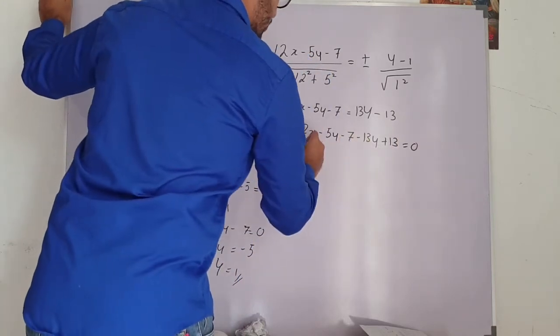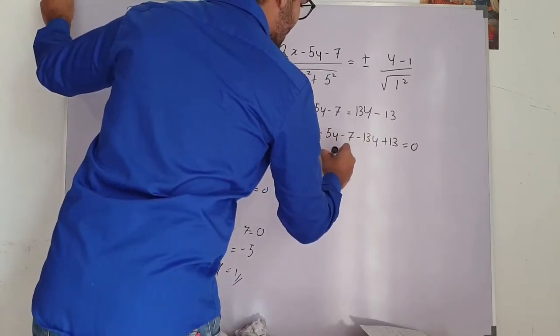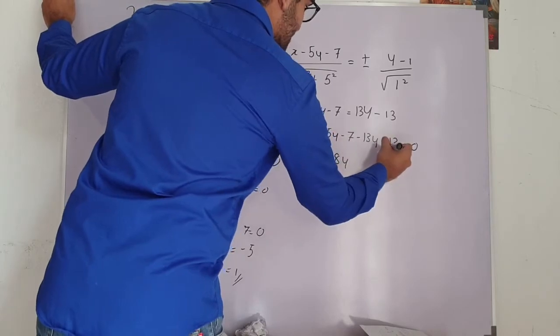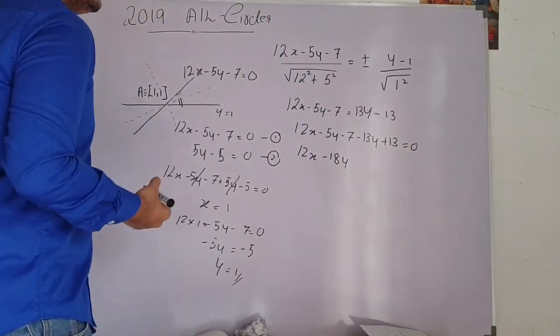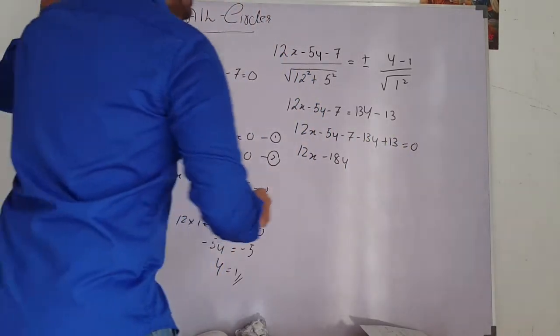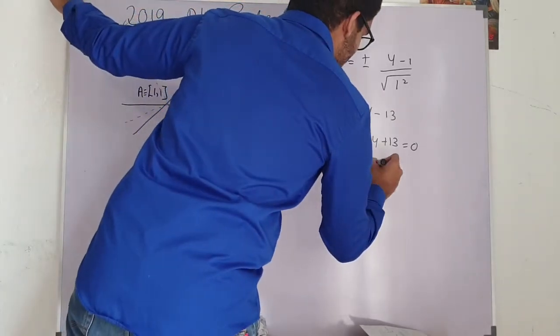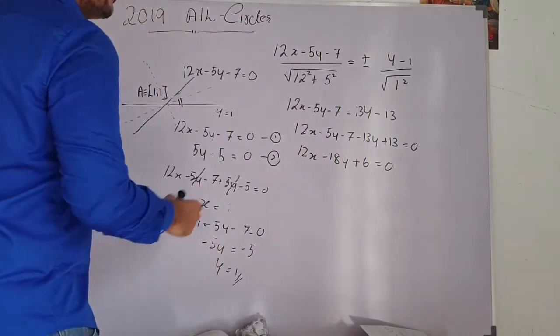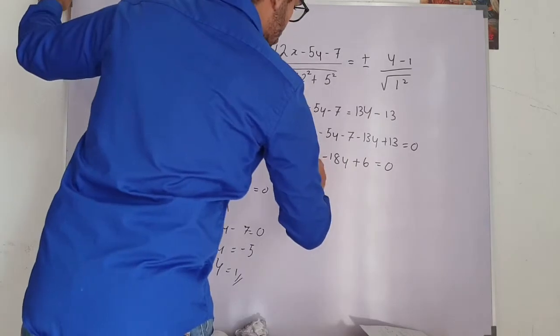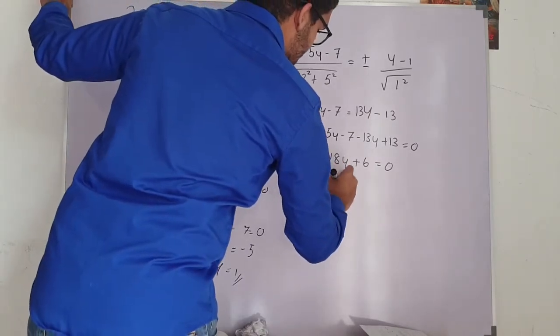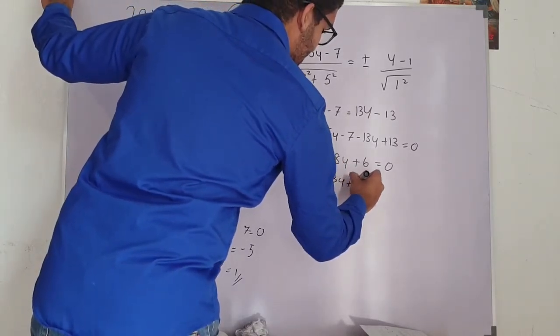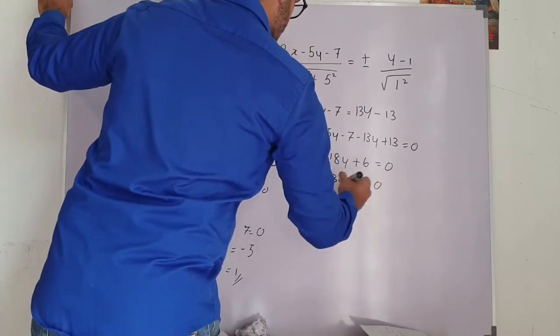So you have 12x minus 18y, and minus 7 plus 13 will give you plus 6. When you divide all of these by 6, you will get 2x minus 3y plus 1 equals 0.